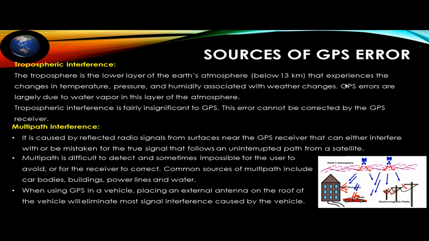Then multipath interference. What happens, if you see this figure, is that when the signals are coming from the space segment, they get interfered with or reflected by objects on the Earth's surface.